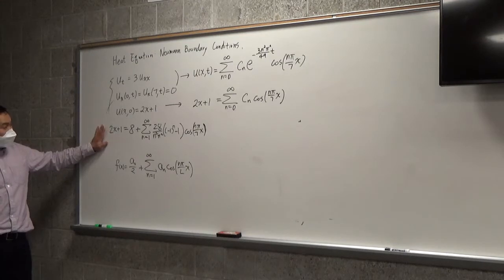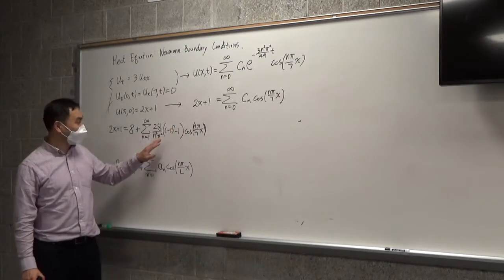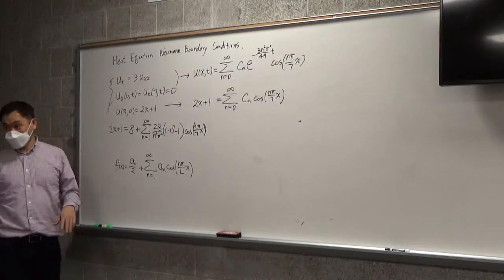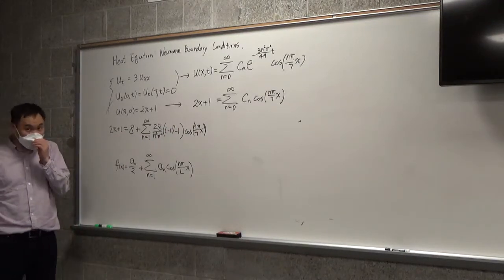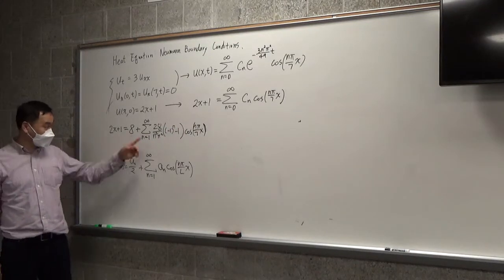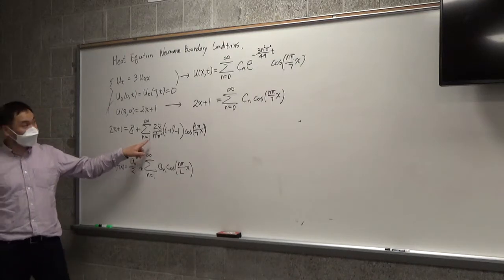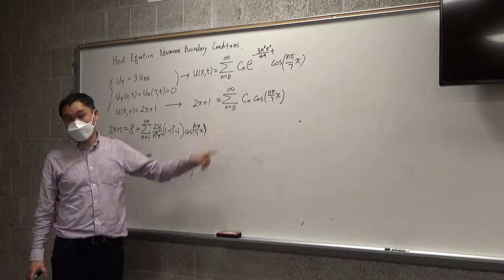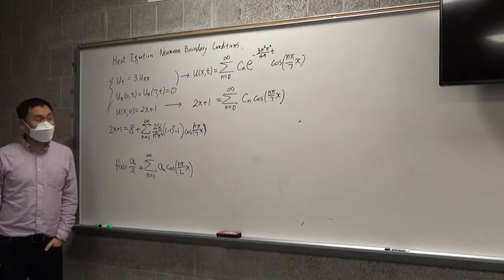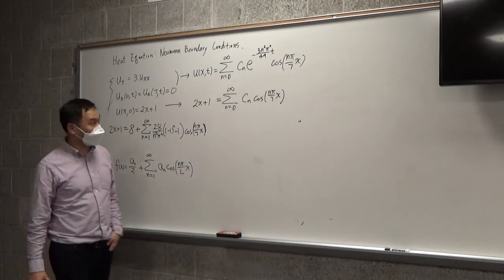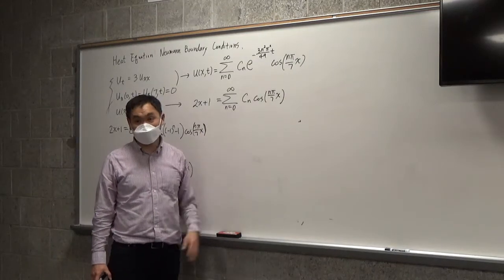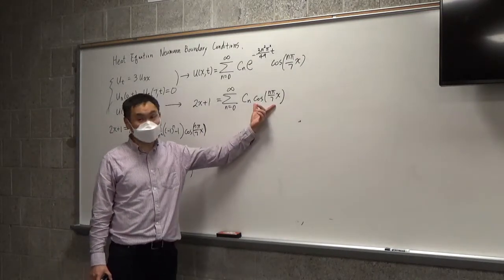Now if you compare this with what we want, they look very similar, right? Except that the one thing I don't like about this one is that this starts at n equals 1, while this one starts at n equals 0. So we have to think about what happens if n is 0. If you plug in n equals 0, what's cosine 0? 1.